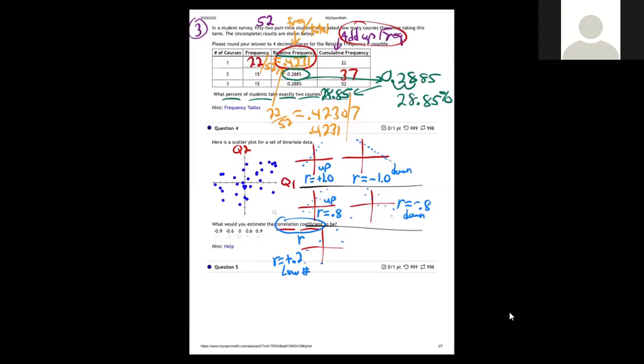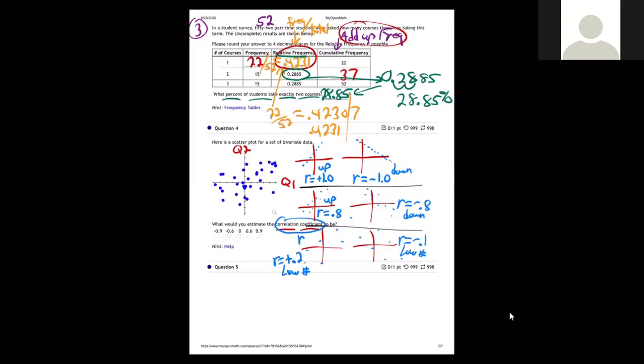And the same thing if the dots are really disconnected but going down. Then R is something like negative 0.3 or negative 0.1, a low number going down.